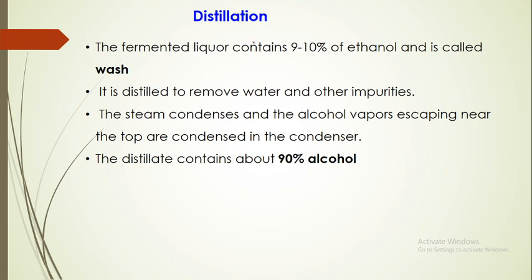After the fermentation process, you will not be able to obtain 100% ethanol. The fermented liquid may contain almost 9 to 10% ethanol, and is called wash. You have to remove water and other impurities by distillation.